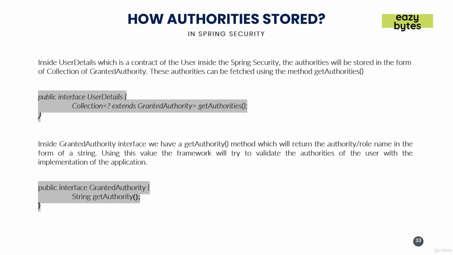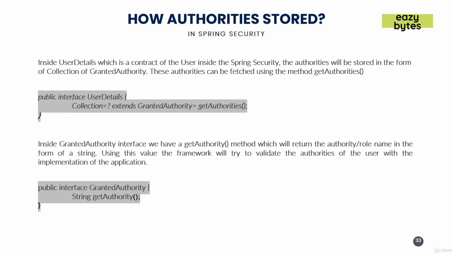in a string format. This indicates a single user can have multiple authorities, roles, like as a user, I may have both read and write authorities. In such scenarios, UserDetails has the flexibility to maintain all my authorities details in a collection.